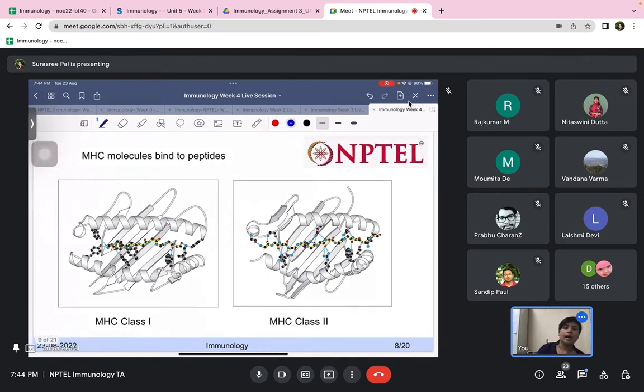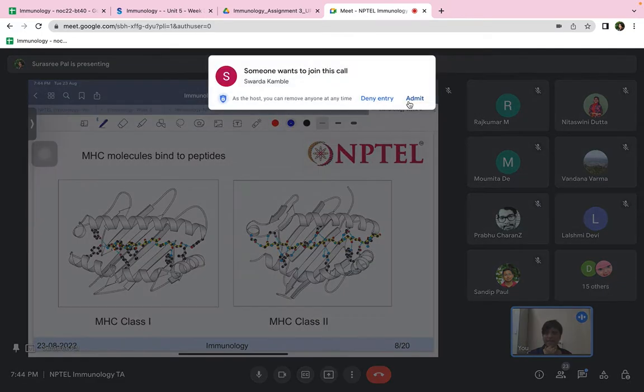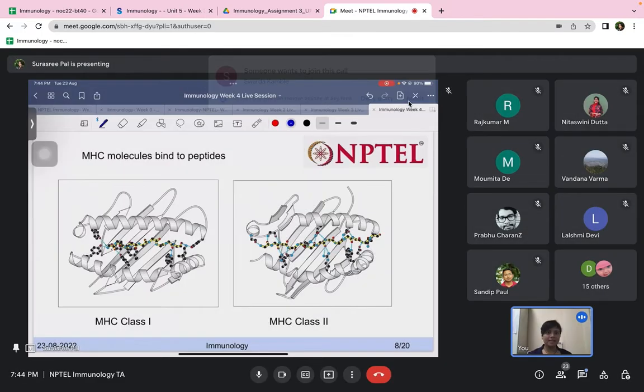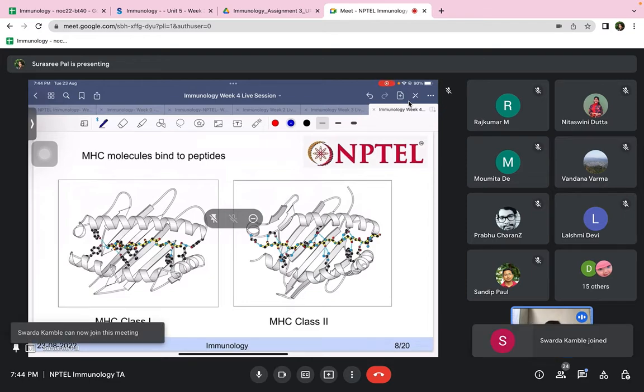Now, an interesting difference lies in the binding of antigenic peptides by MHC class 1 and class 2. First, MHC class 1 has a restriction on the length of the antigenic peptide it can bind.